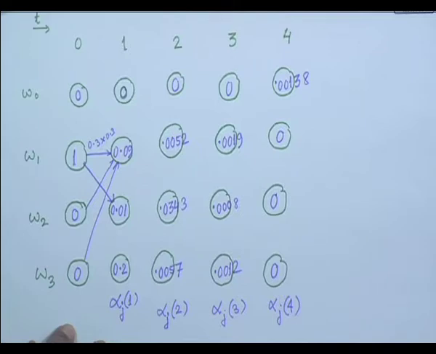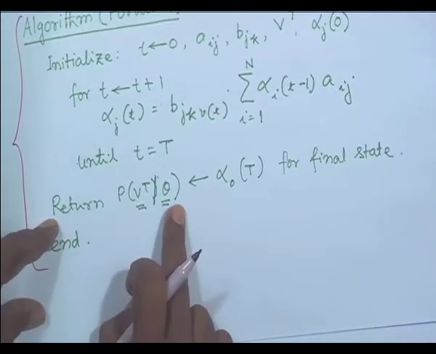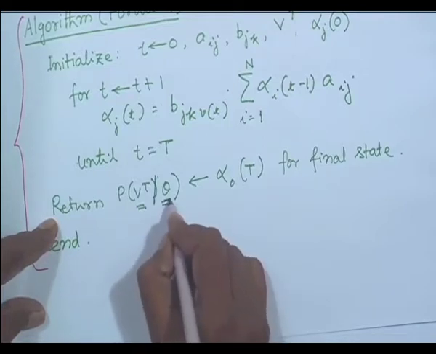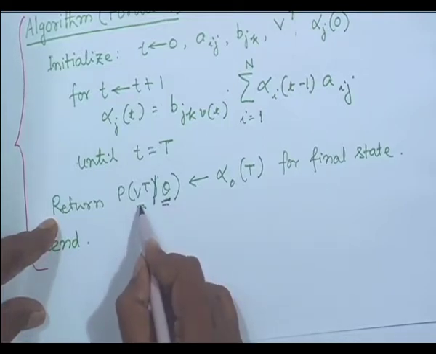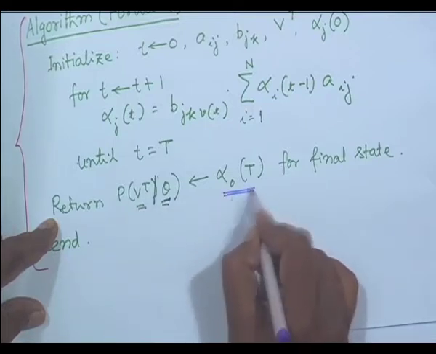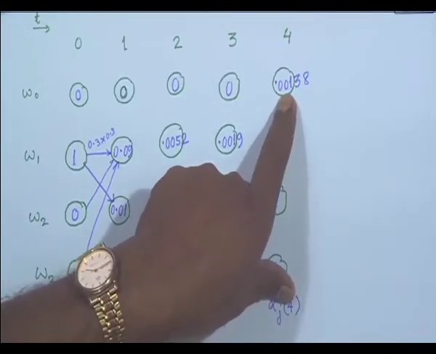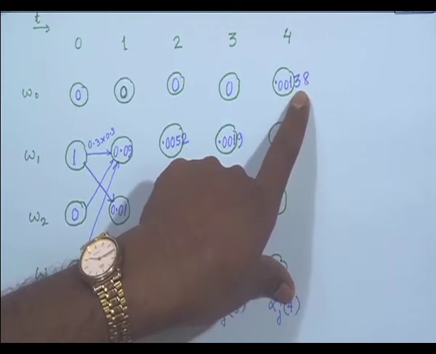Now if you look at the forward algorithm that we had written, the final probability that the machine theta has generated this sequence V T is given by alpha 0 T. That was my algorithm. And here alpha 0 T is nothing but 0.00138.